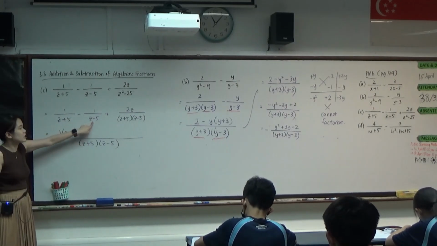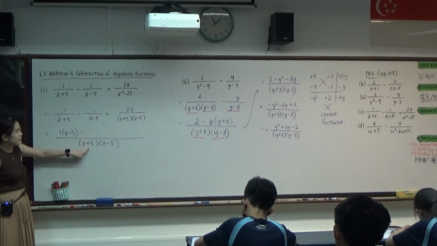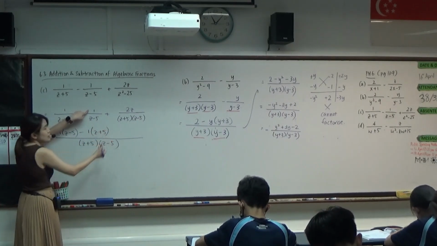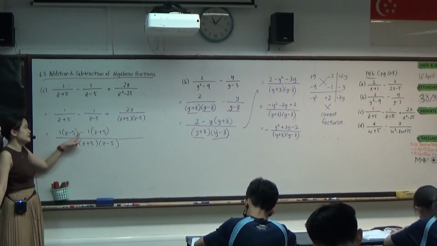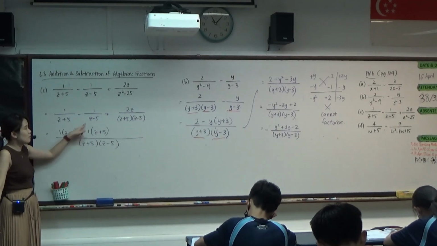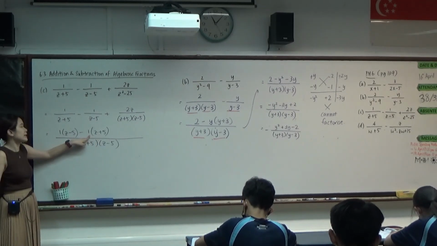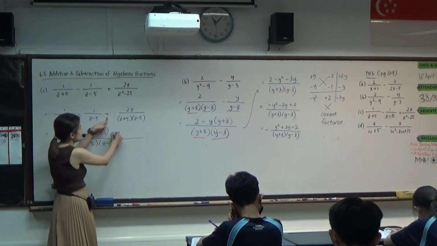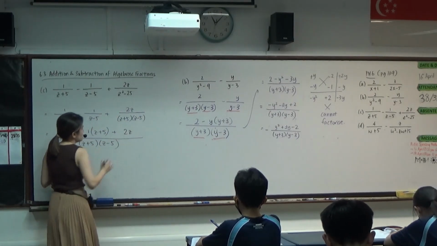Then in the second fraction, I need to multiply with a z plus 5. So it is 1 times z plus 5. I do not want us to skip the 1 because this is a minus sign. Remember when you expand it, this plus sign actually changes. Do be careful about that. Don't skip the 1. Then after that, plus. This has no change since the denominator is unchanged. So we get 2z.